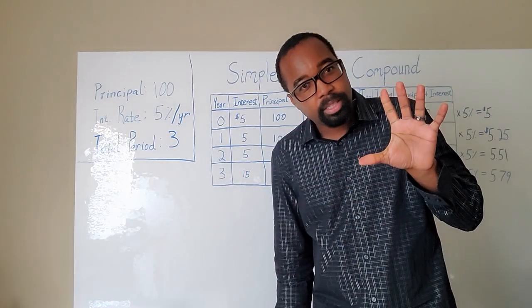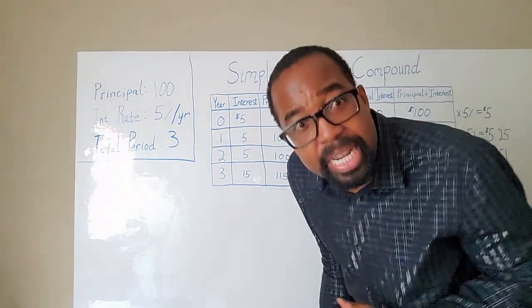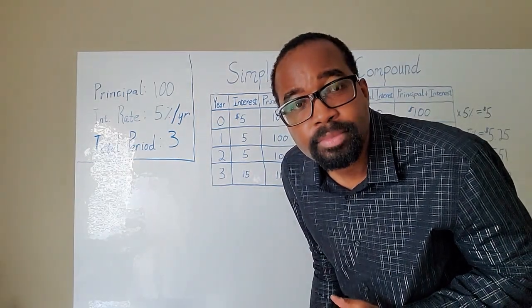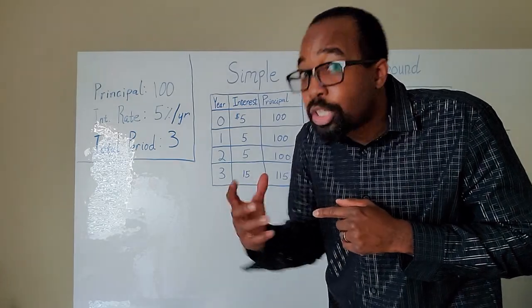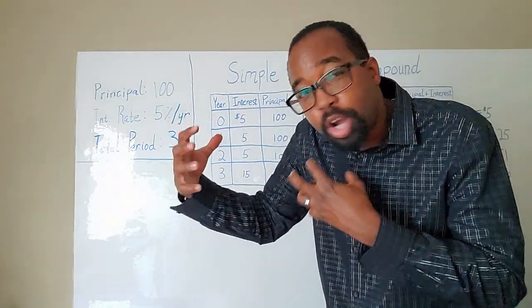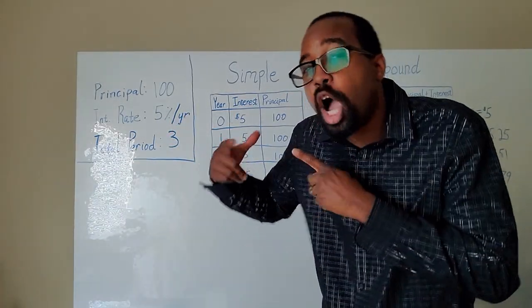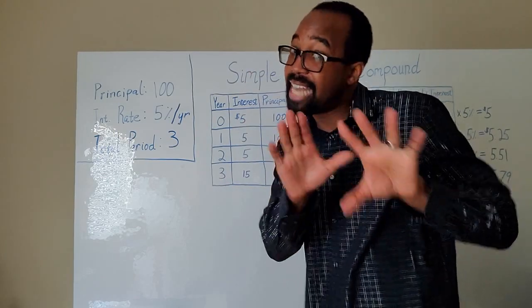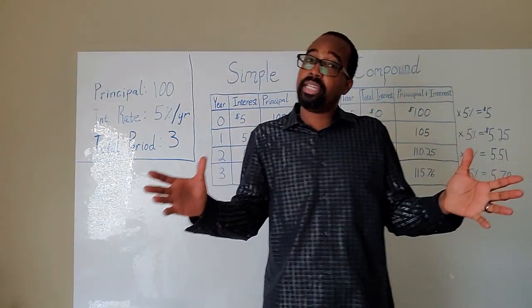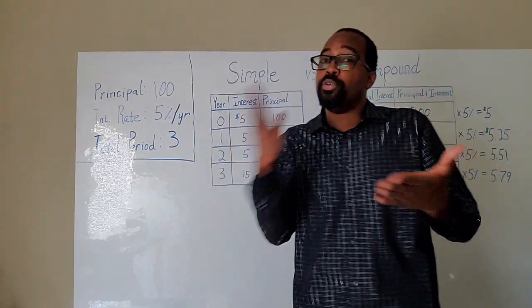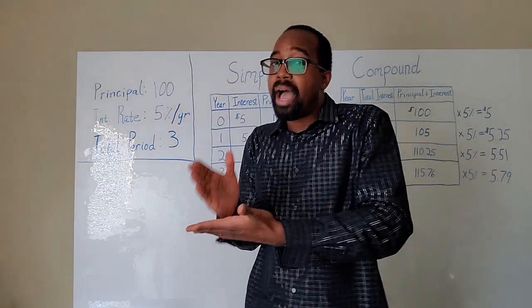Absolutely. Why? 5 times 3. That's why. 5 times 3 is 15. Add it on to the $100, the principal, it's going to be $115. Now, I told you the calculation for simple interest was what? The rate of interest multiplied by the principal.